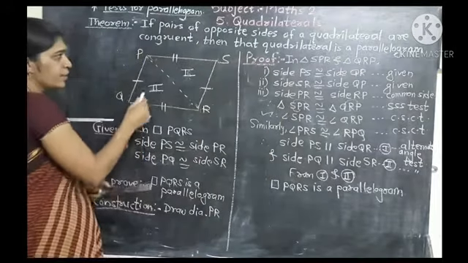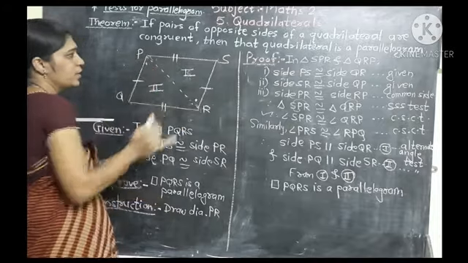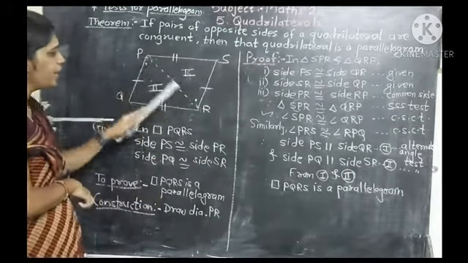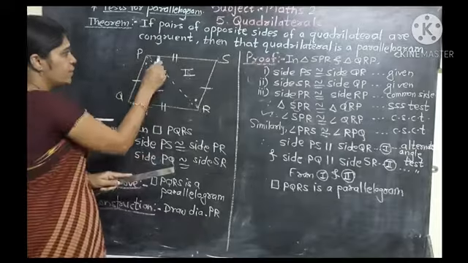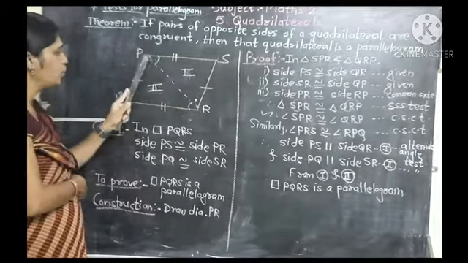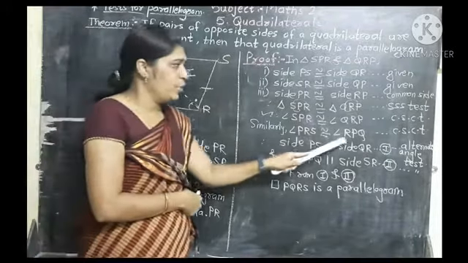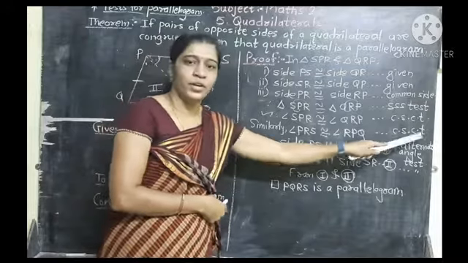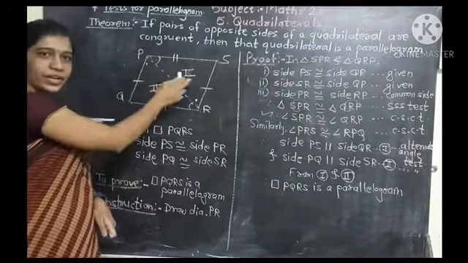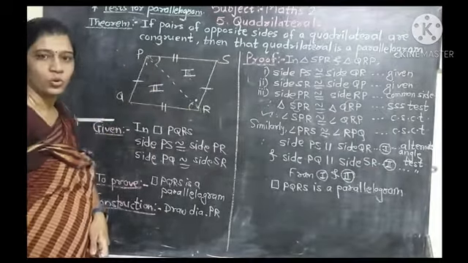Similarly, see here, this angle is also congruent. The angle here is PRS, and angle PRS is congruent to angle QPR. This is also congruent because they are corresponding angles of congruent triangles.